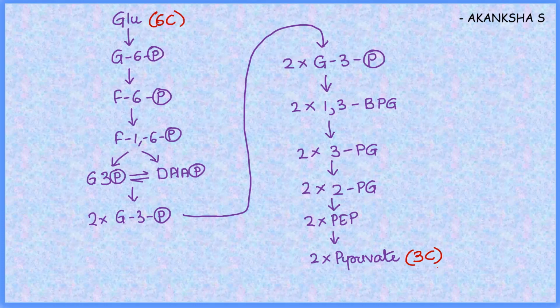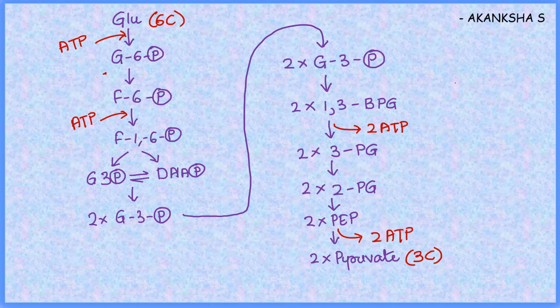Okay, where all did our ATP get invested? Our ATP investments came over here. So here we utilized ATP in adding the phosphate, right? And over here, we released 2 ATP. And in the last step, we released 2 ATP.